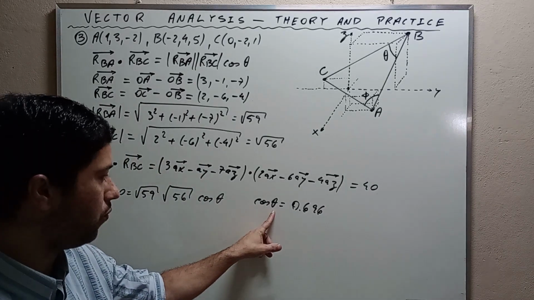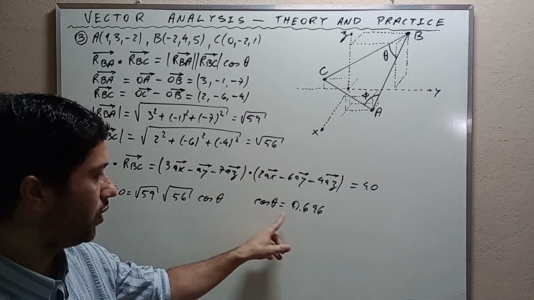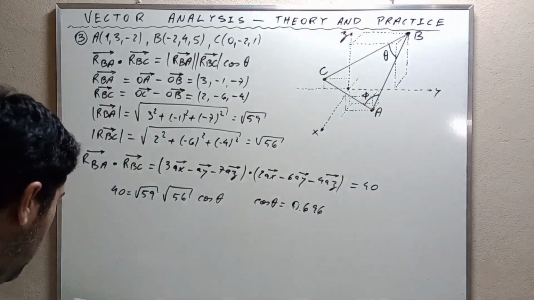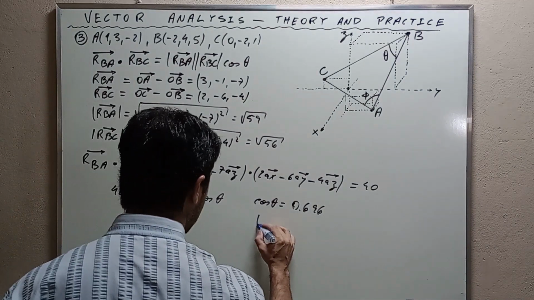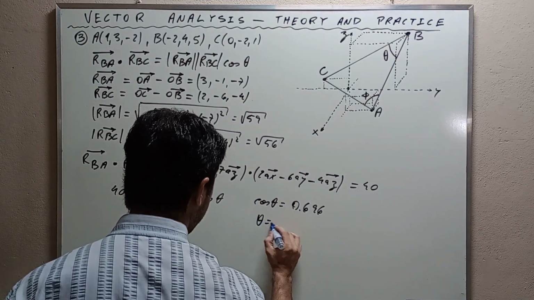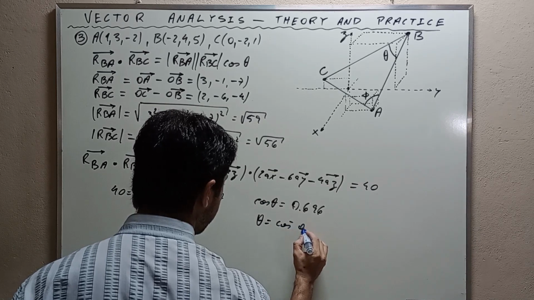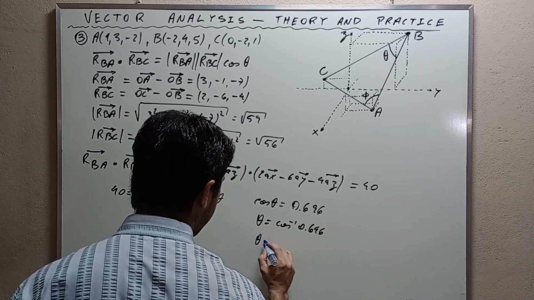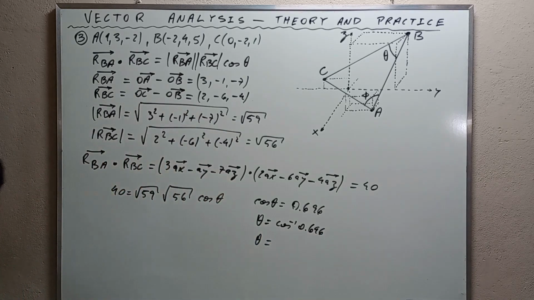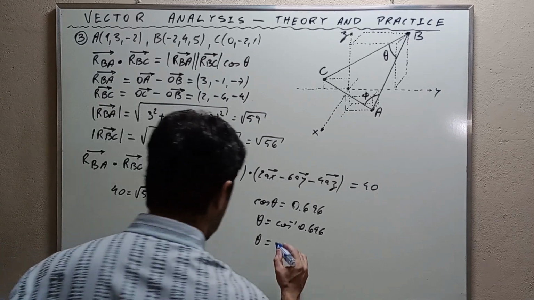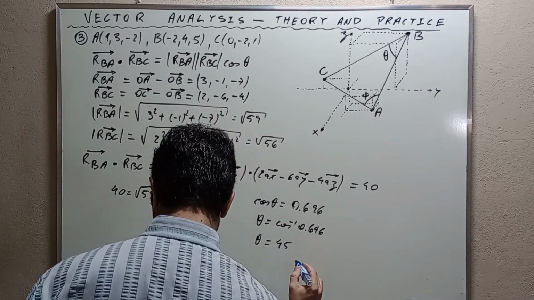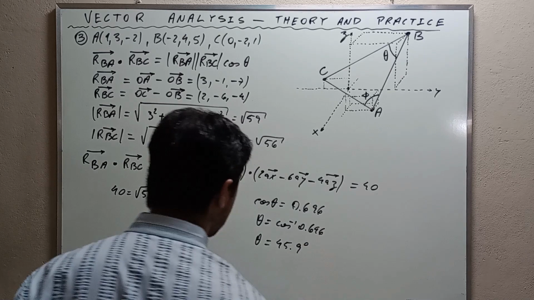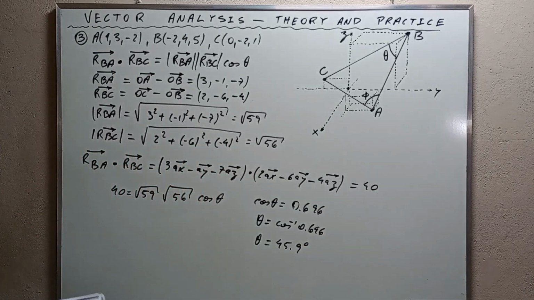We want the angle. To find the angle, having the cosine, we compute the inverse cosine. As a result, our angle is 45.9 degrees. Okay, my friends?